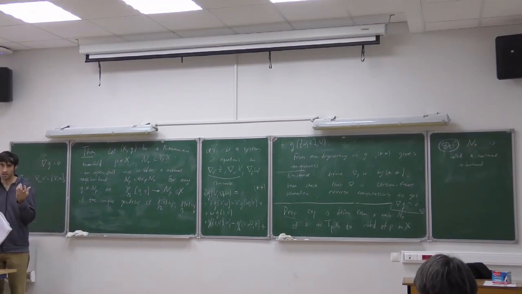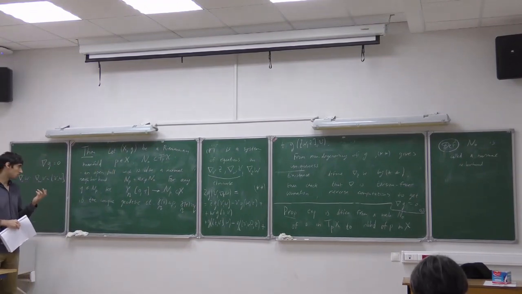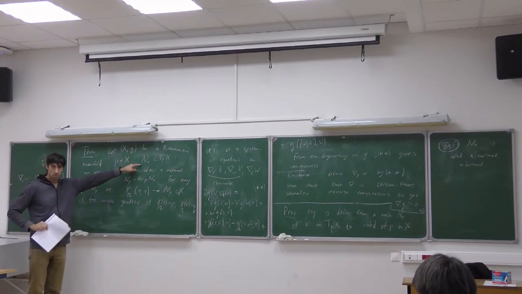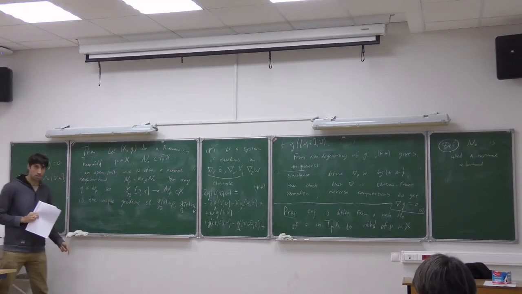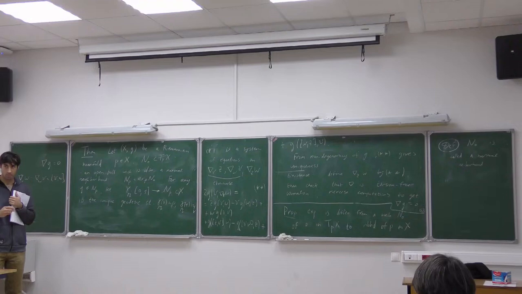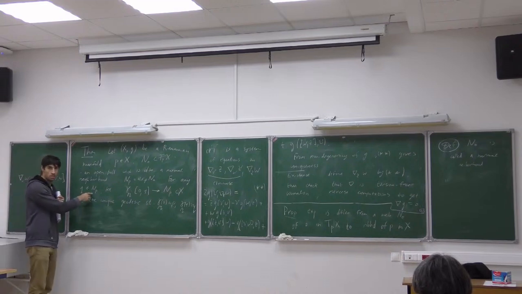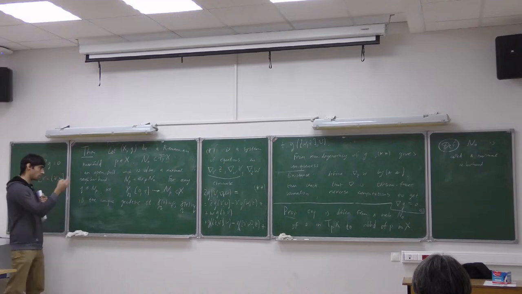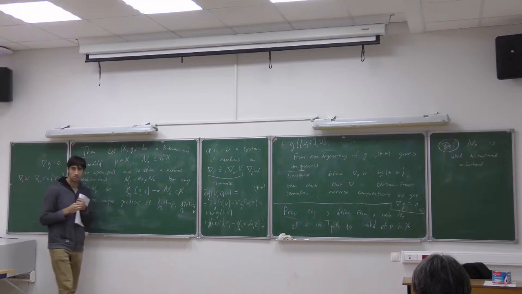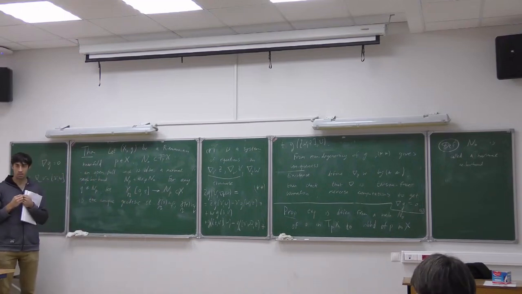So we defined a normal neighborhood such that the exponential map is a diffeomorphism, right? So it means that if I fix any point in N_P, then there is this unique geodesic that connects P and Q. Is that clear?